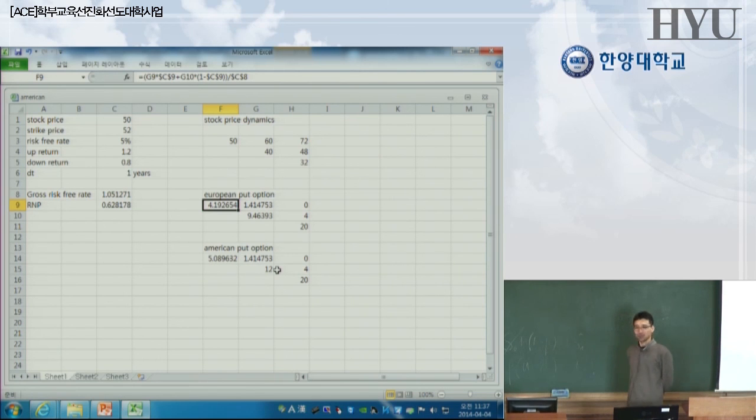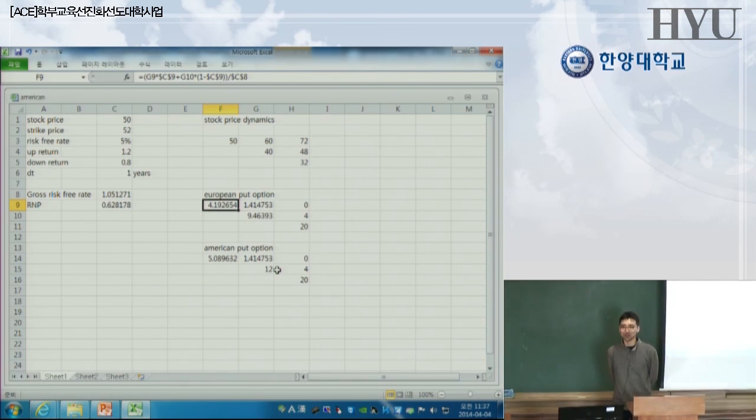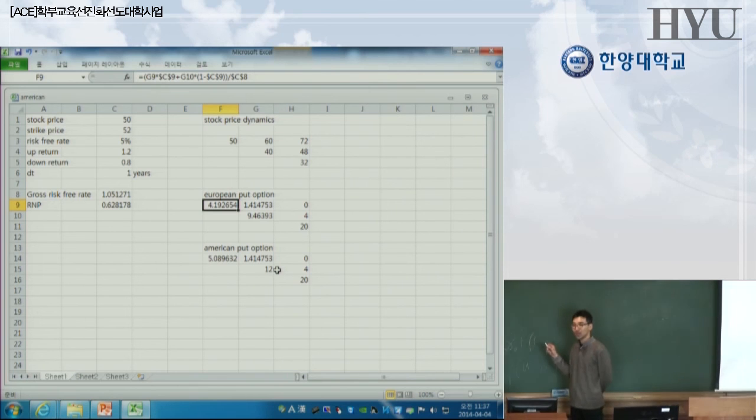And she says, in our company, Goldman Sachs, we developed a very innovative derivative. We will pay the payoff something like this.